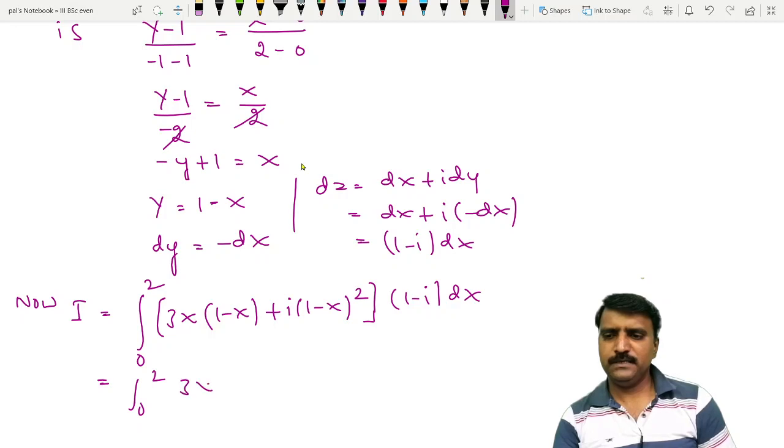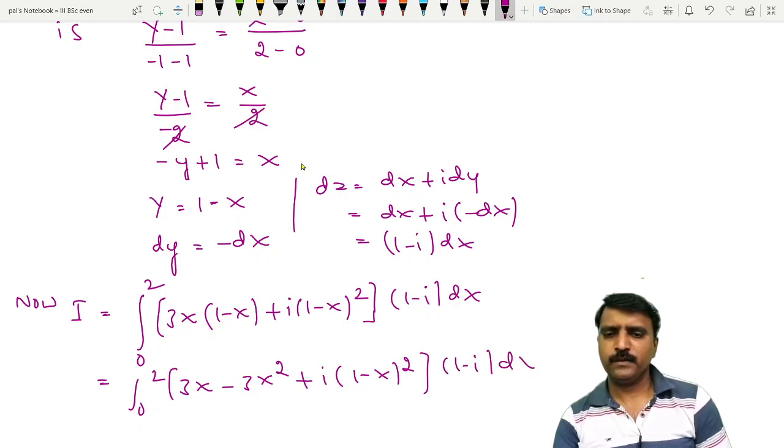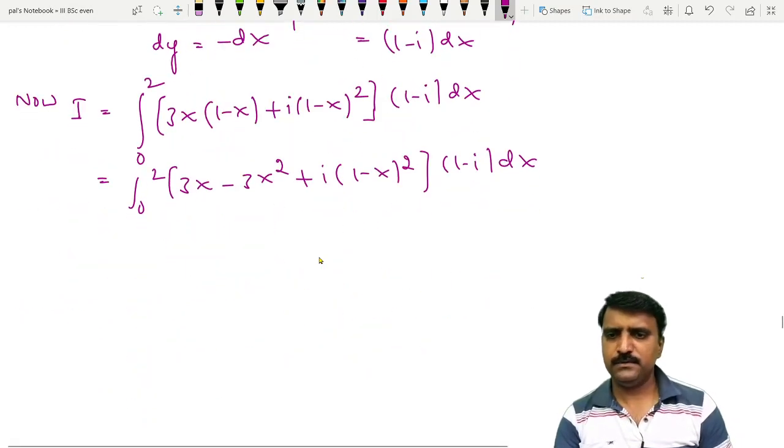3x into 1 is 3x, minus 3x into x is 3x square, plus i into (1 minus x) whole square, this into (1 minus i) dx. Simplify this by integrating.